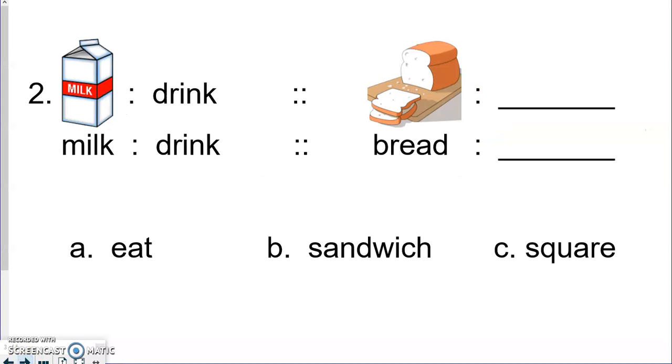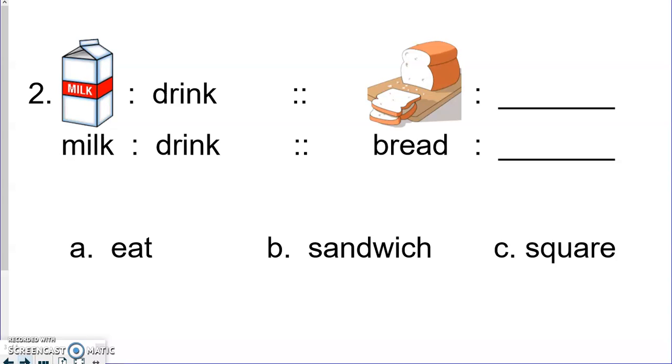All right, milk is to drink as bread is to blank. So think about how milk and drink relate. Think about how maybe you could even turn that into a sentence. So you could maybe say milk is something that you drink and bread is something that you blank.